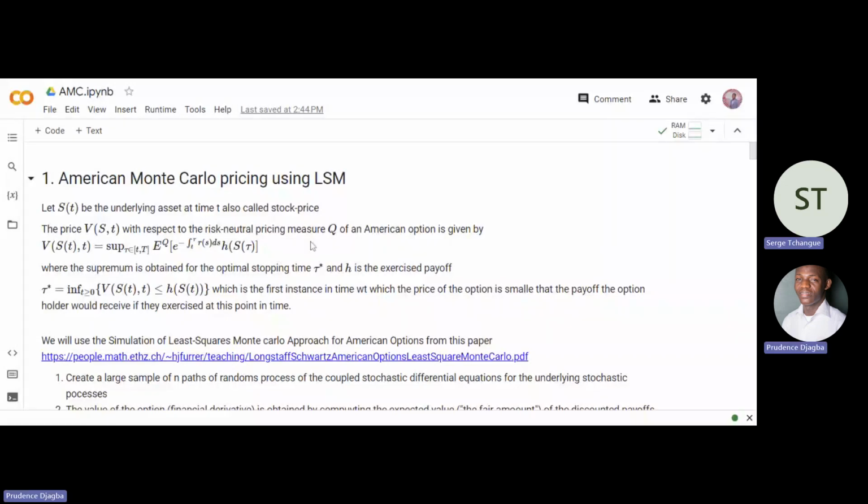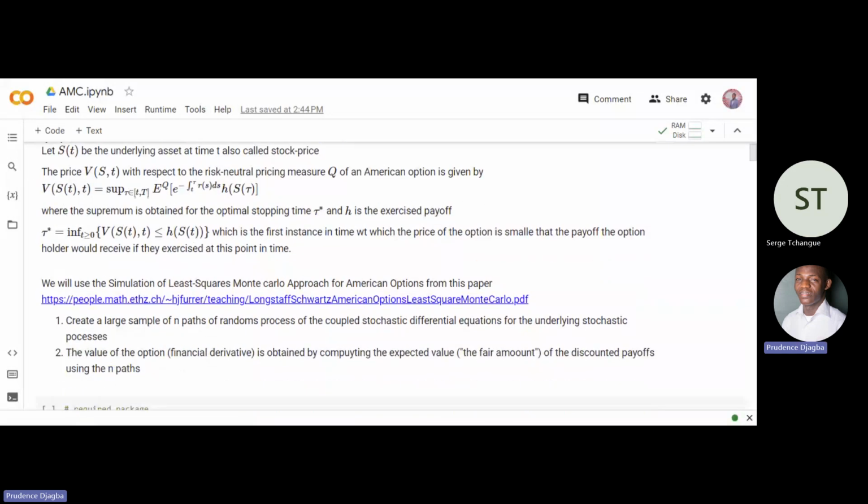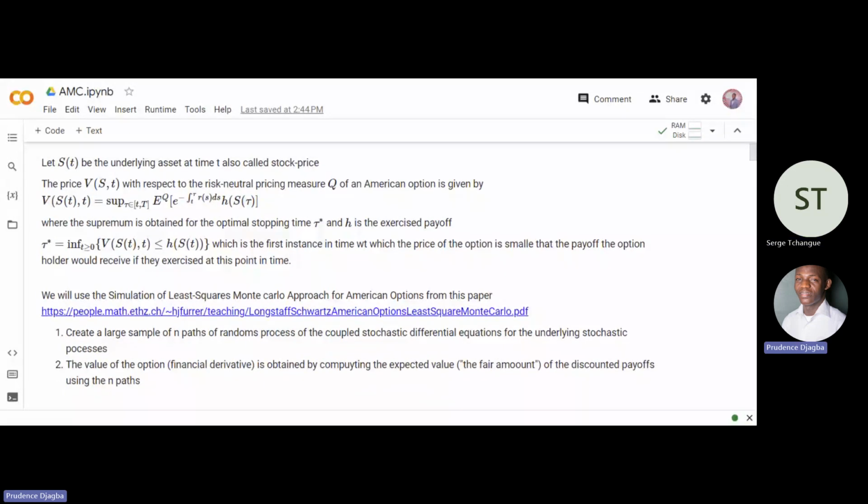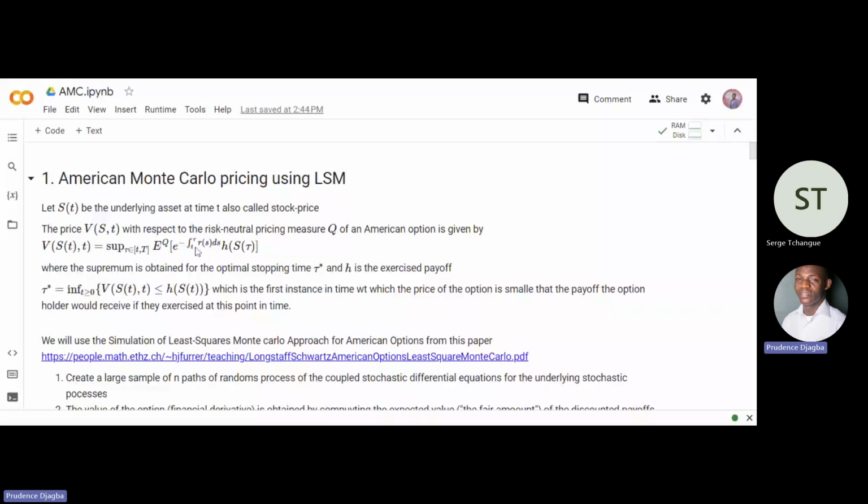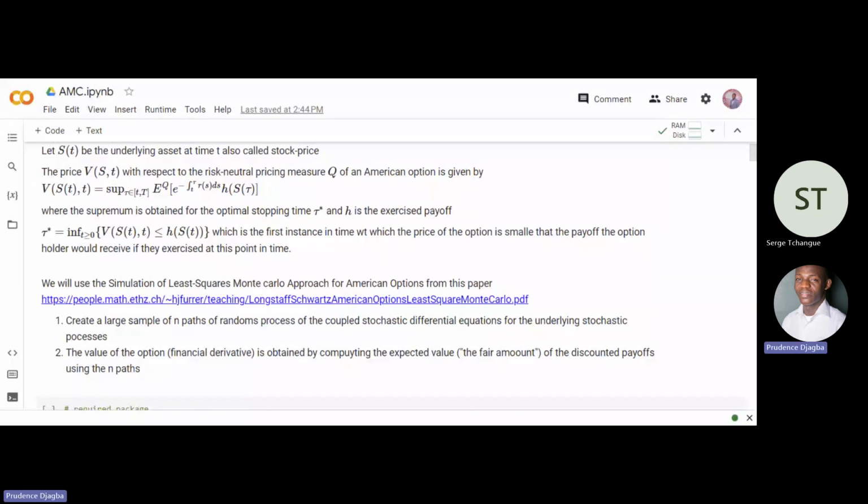When I look at the thesis that you sent me, the first thing that they explain there is the formula to compute the price for an option, an American option. The difference here is that we can exercise it at any point, not only at maturity, and that's the formula.